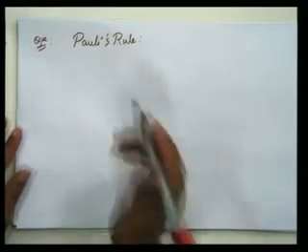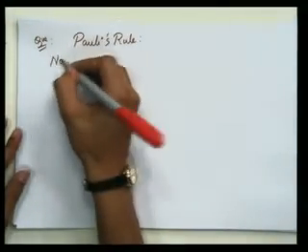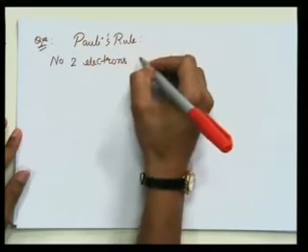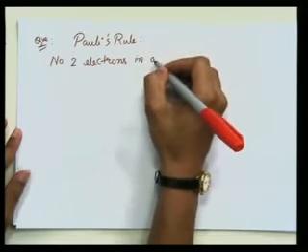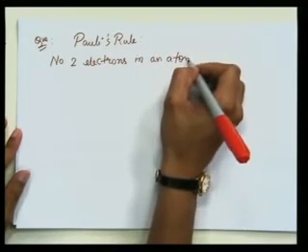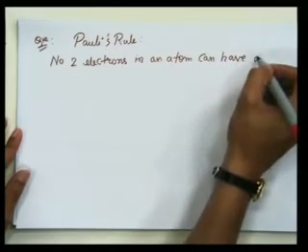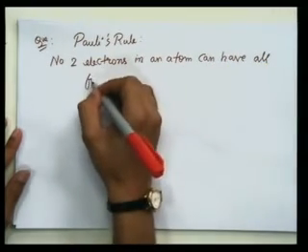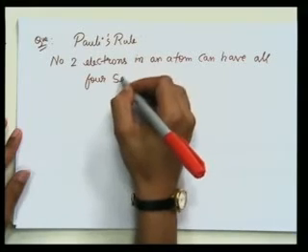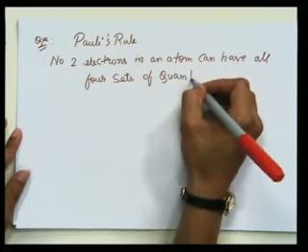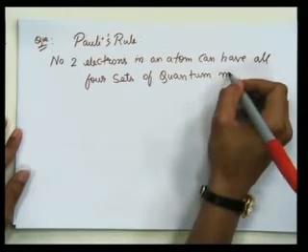It states that no two electrons in an atom can have all four sets of quantum numbers the same.